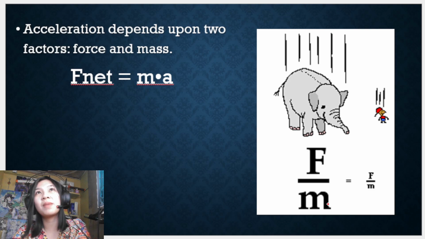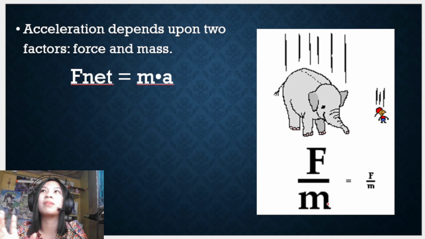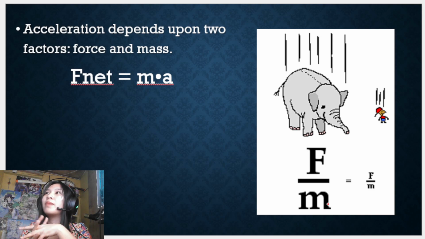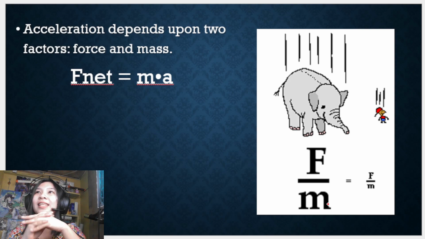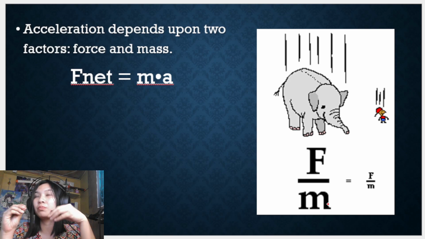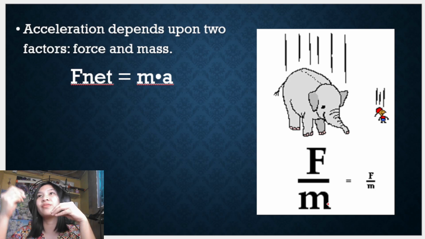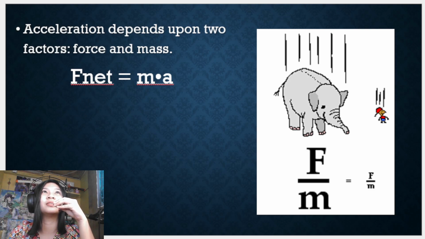So the acceleration depends upon two factors based on the second law of motion. No? Net force and mass can affect it. Okay? Remember the second law: acceleration is directly proportional to the net force and inversely proportional to the mass.